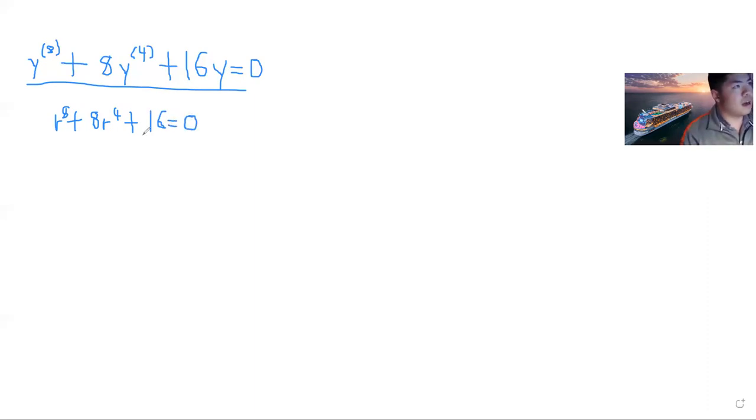Then what you do next is (r to the power of 4 plus 4) squared is equal to 0. You could do this by substitution, maybe say r to the power of 4 is u, and then you could have figured this out. But I recognized it directly, so here we go. Obviously, something squared is 0, so directly r to the power of 4 is equal to -4.